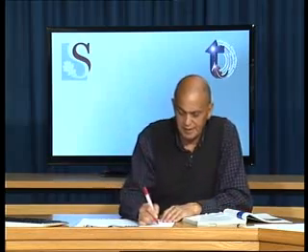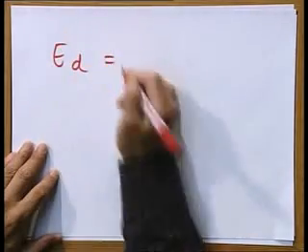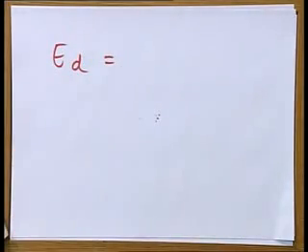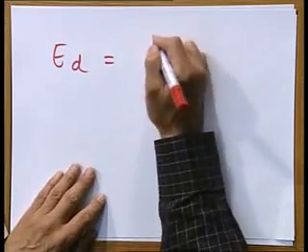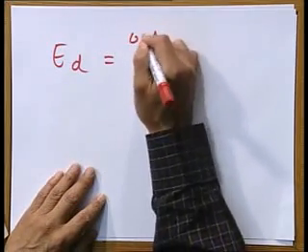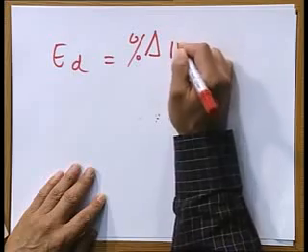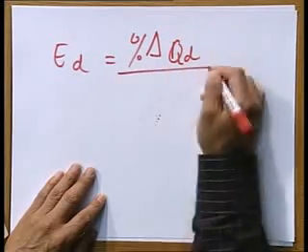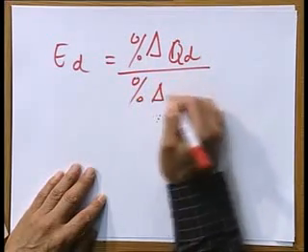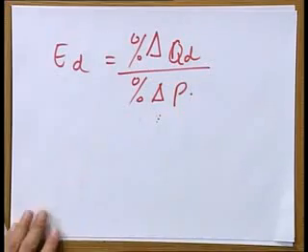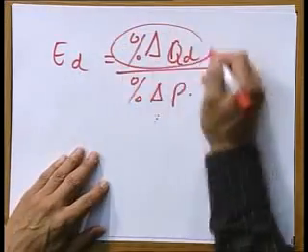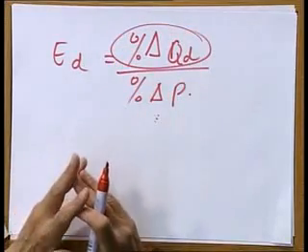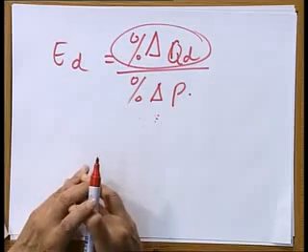Now, the second one, and this is very important: how do we calculate price elasticity of demand? We know ED is the elasticity coefficient. Now, we know the general formula: the percentage change in the quantity demanded divided by the percentage change in the price. If you look at the one on top, that is your numerator, the percentage change in the quantity demanded.